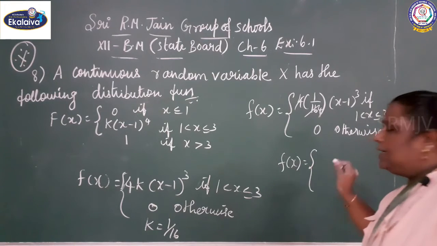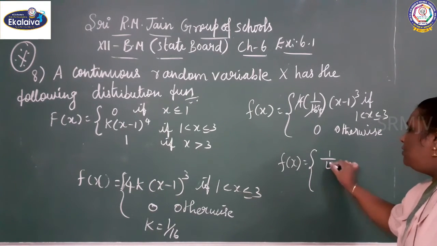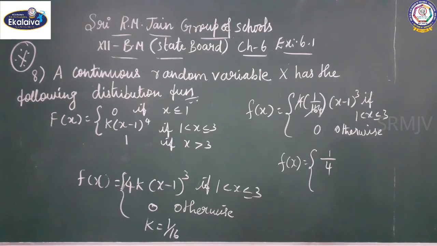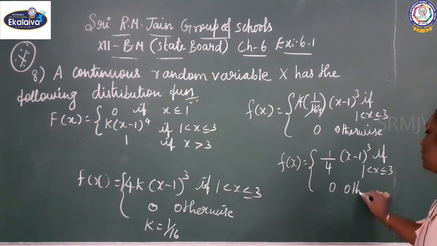F of x equal to 1 by 4 into (x minus 1) the whole cube, if 1 less than x less than or equal to 3, 0 otherwise.